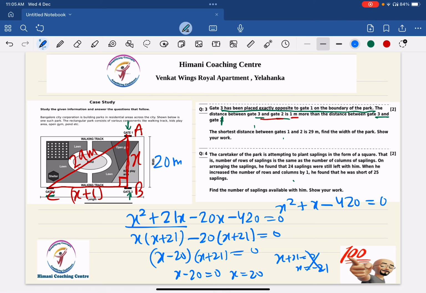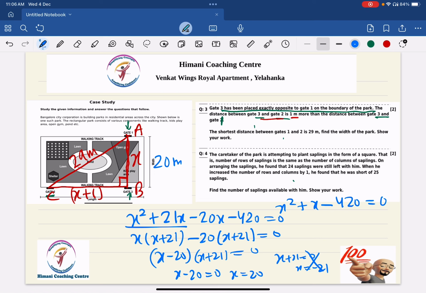Now, let us look at the second question. The caretaker of the park is attempting to plant saplings in the form of a square. That is, the number of rows of saplings is the same as the number of columns. On arranging the saplings, he found that 24 saplings were still left with him.